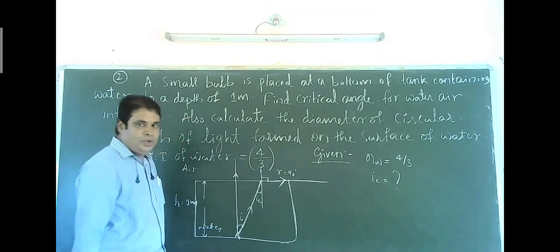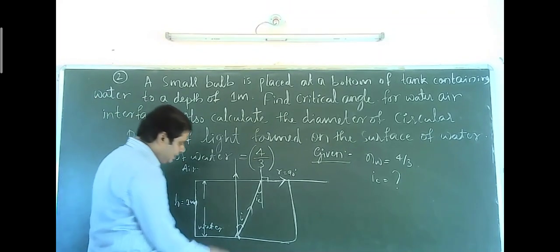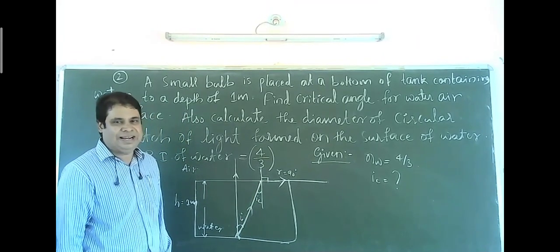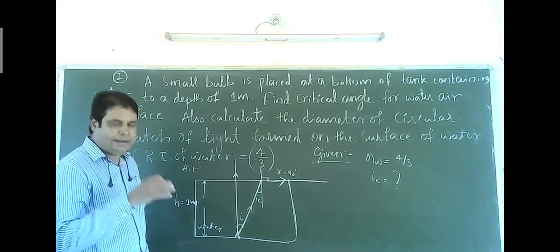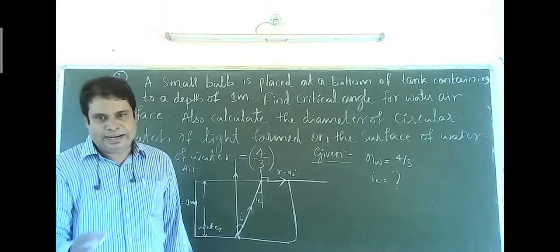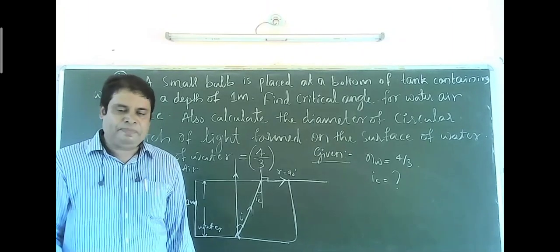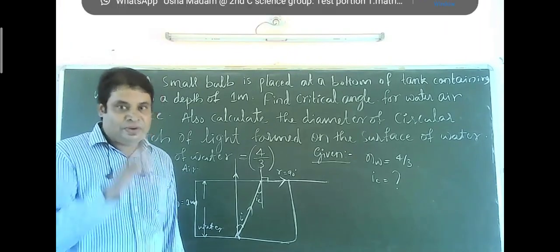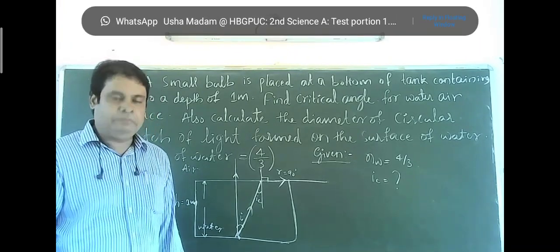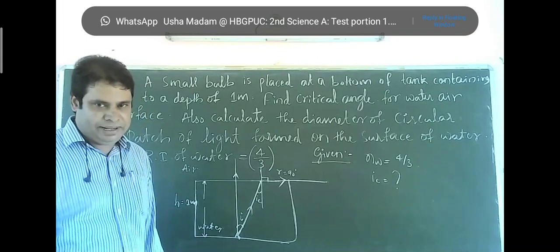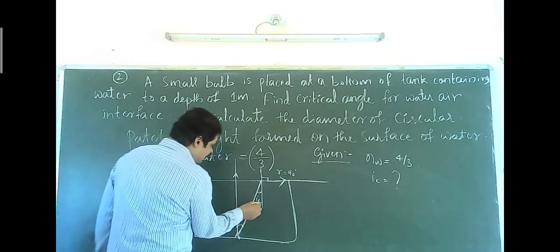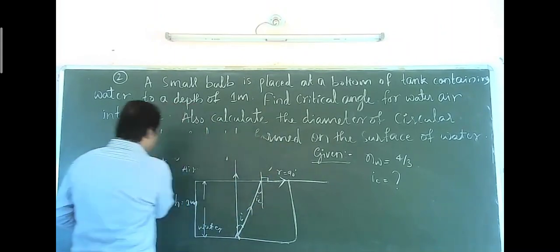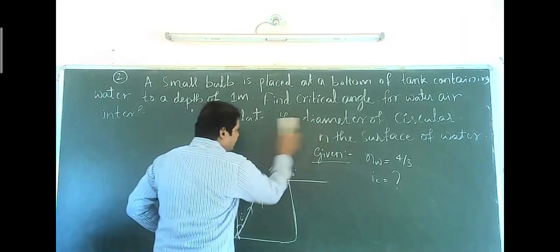Let us consider a ray which is incident at an angle such that r is equal to 90 degrees, I mean the refracted angle is exactly 90 degrees. This is possible only when your angle of incidence is the critical angle for the given pair of media. So this is IC, this is the normal.